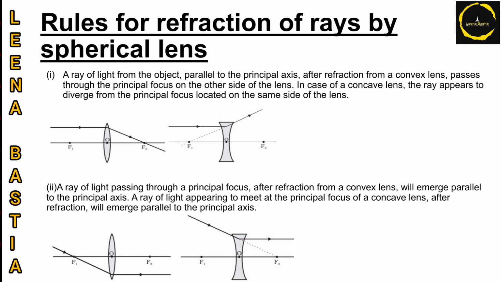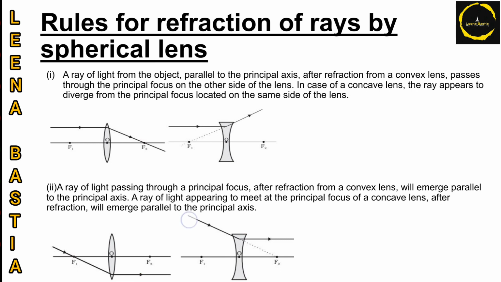Now the second one, just the reverse one. Here you can see that if any ray is passing through the focus, after refraction, meaning it passes through the lens, so that is the refraction point, after refraction it will be parallel to the principal axis on the other side of the lens. I hope this is clear.